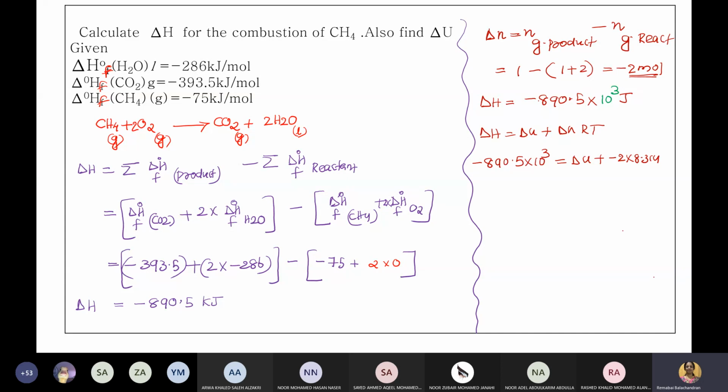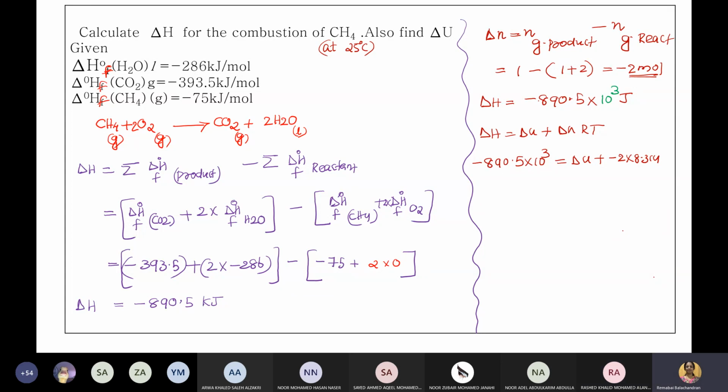My dears, if temperature is not given, always we take it as 25 degrees Celsius, because enthalpy of formation is as per 25 degrees Celsius. So 25 degrees Celsius means, come on, 298 Kelvin.